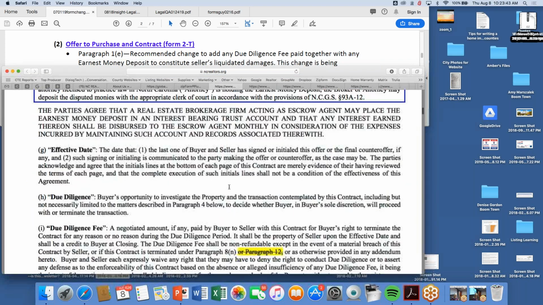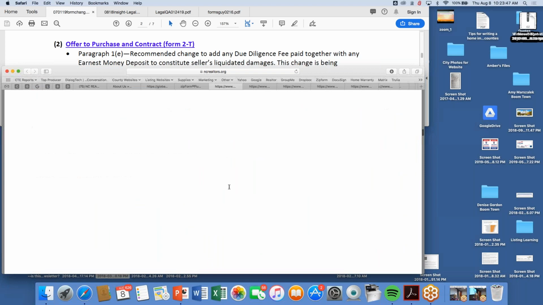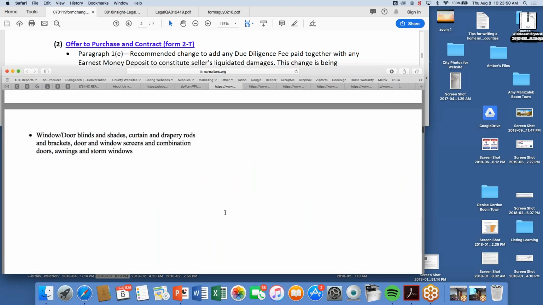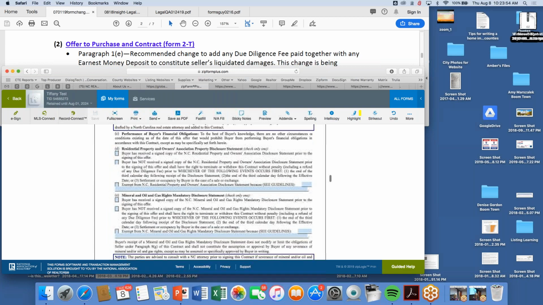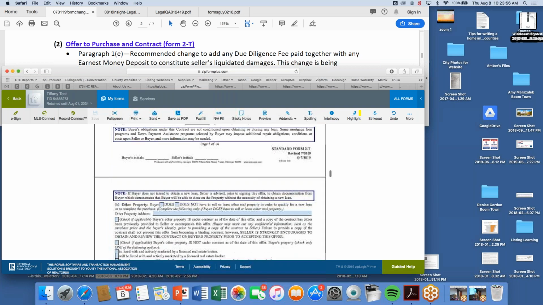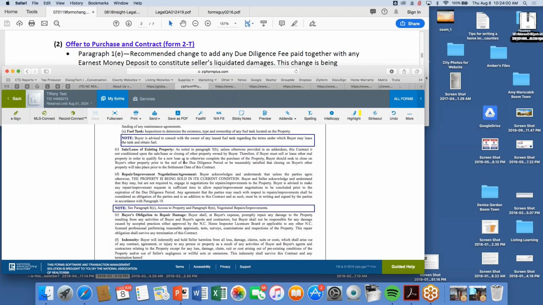So as we go down to 4C, let me show you here. It basically says sale or lease of existing property. And it says, as noted in 5B, unless otherwise provided in an addendum, the contract is not conditioned upon the sale or lease or closing of other property owned by buyer.